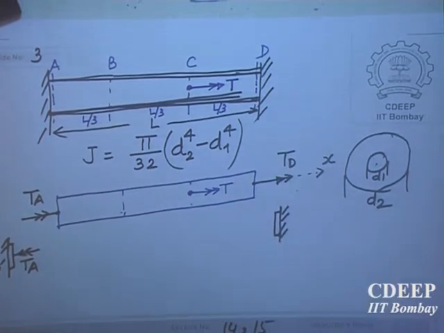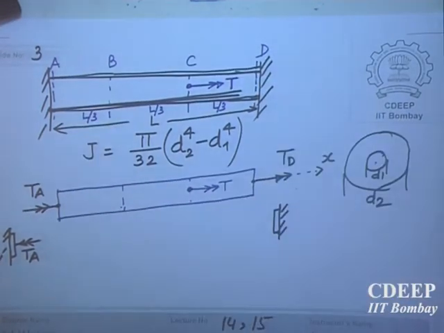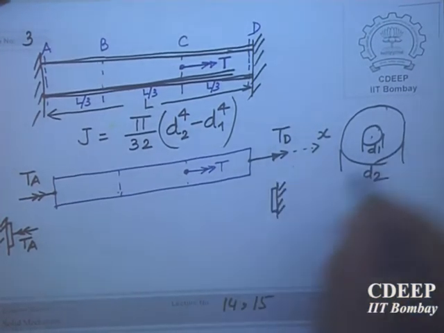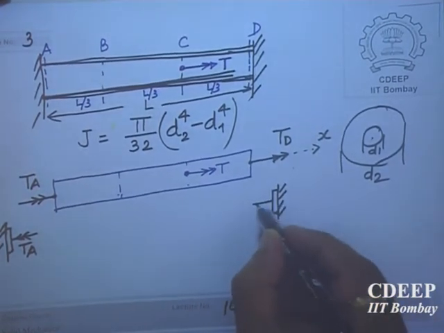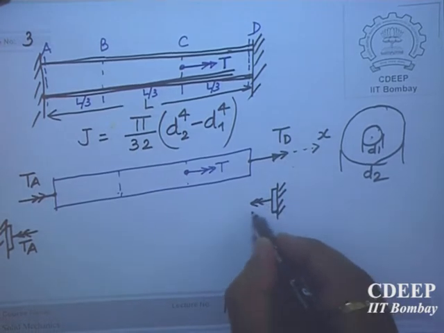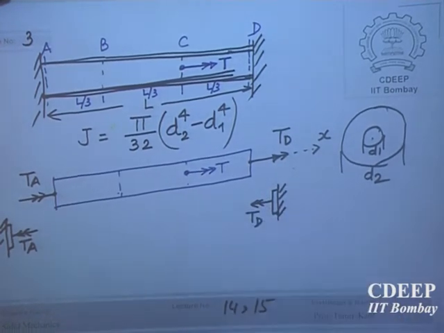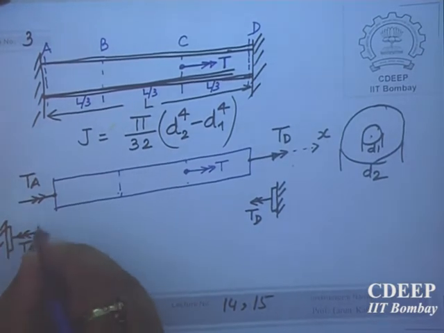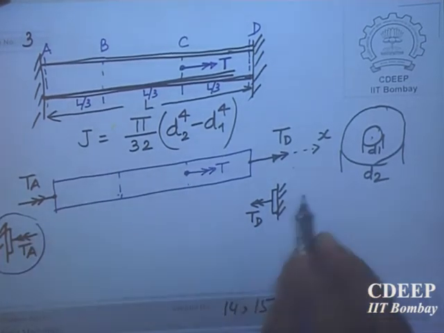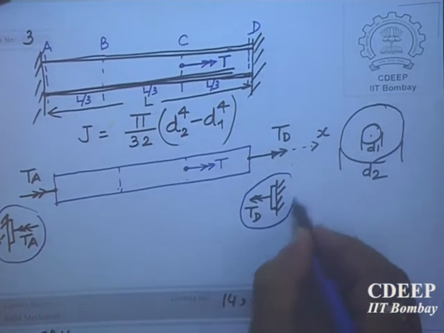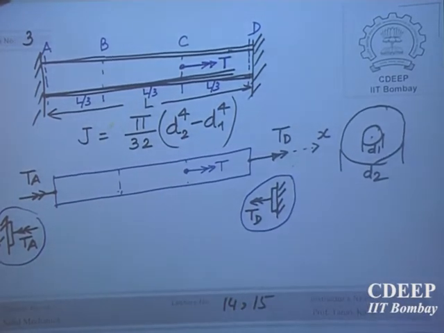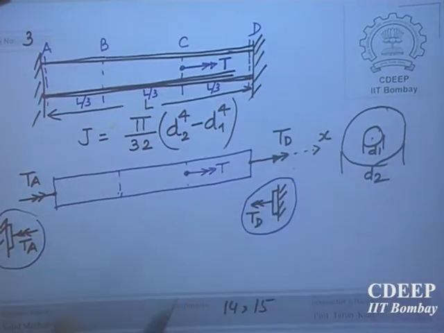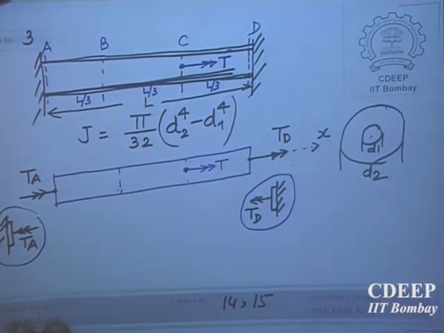You have cut it very close to end D, so here it will be TD. So this is the free body diagram of support A, and this is the free body diagram of support D. This is going in the X direction and this is going in the negative direction. Why should it be like this?